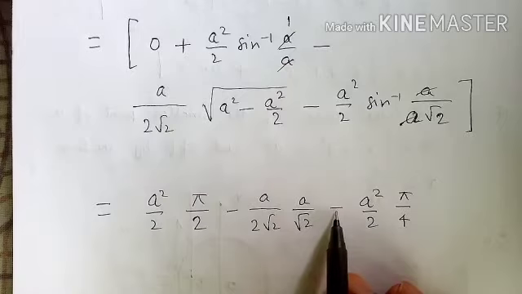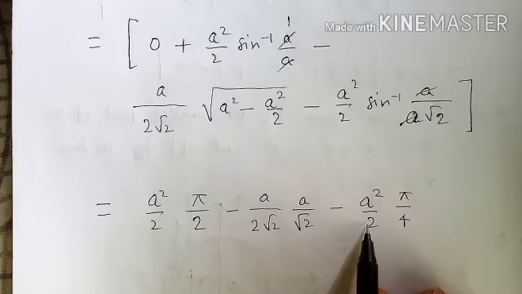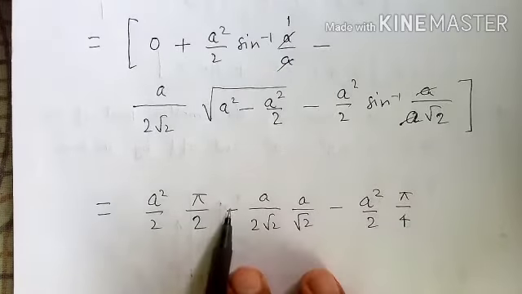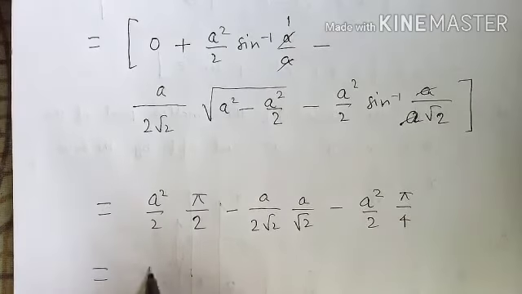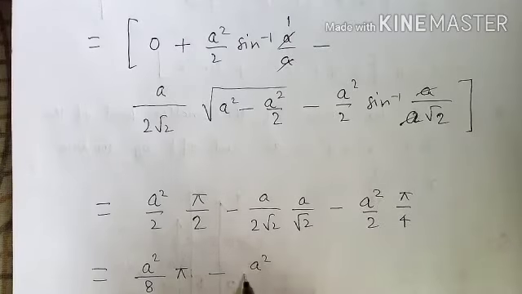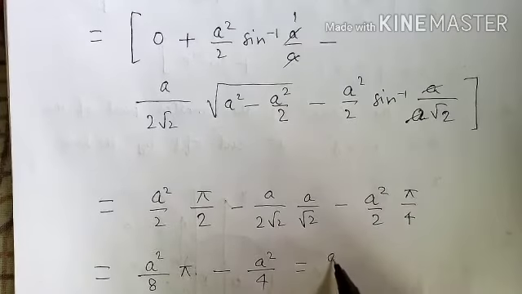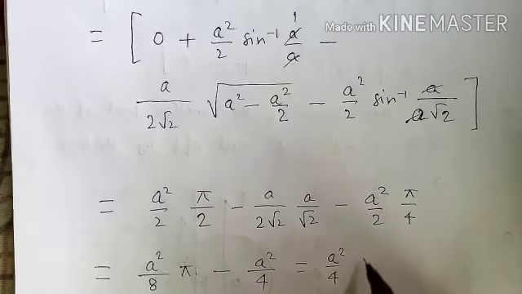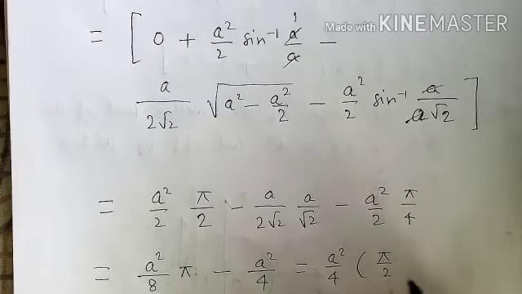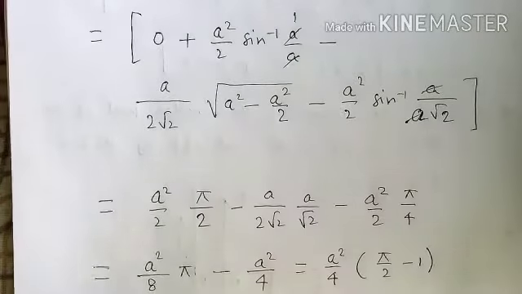Here we have a square pi by 8. Then after simplification we have a square by 4 can be taken out, so pi by 2 minus 1.